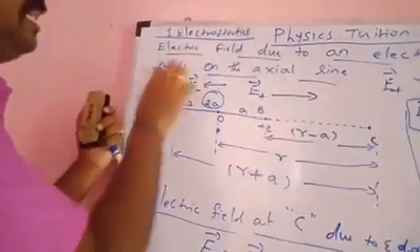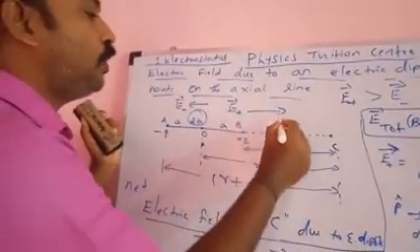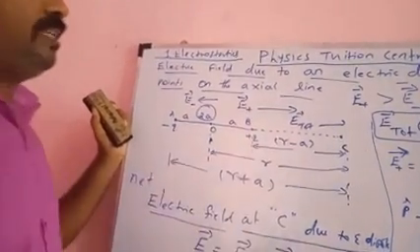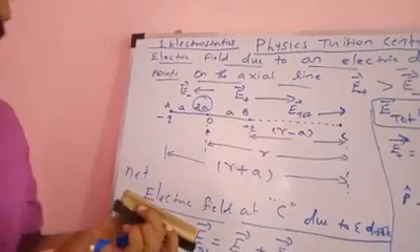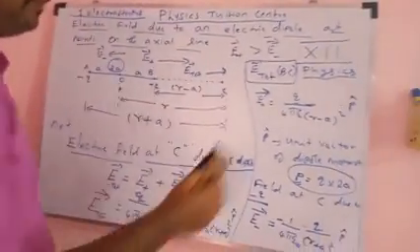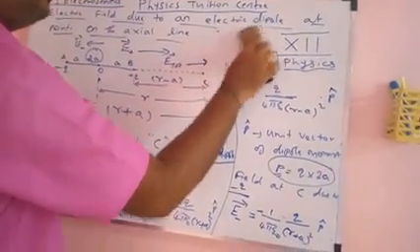So E total is also in this direction, along BC.